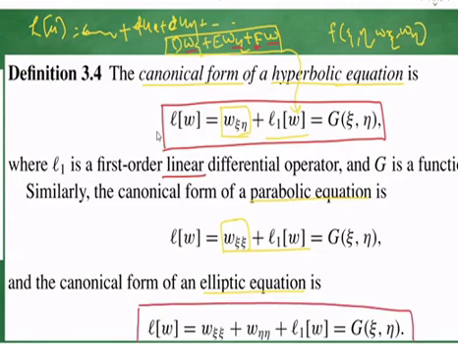That means it contains two second order terms, W theta theta and W eta eta. In the hyperbolic equation, the terms W theta theta and W eta eta are absent, and in the parabolic equation, the only second order term contained is W theta theta. In the elliptic equation it contains W theta theta and W eta eta, but the term W theta eta is absent.